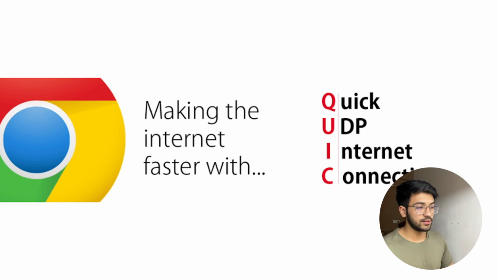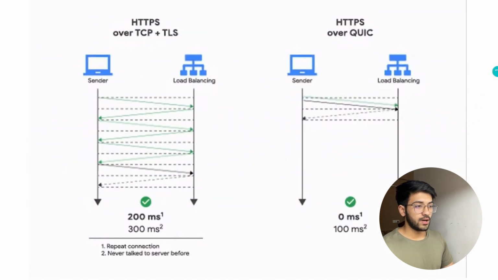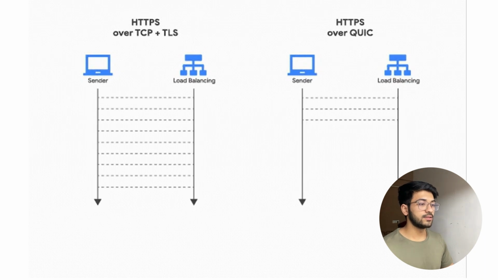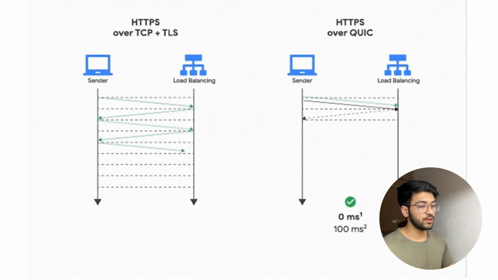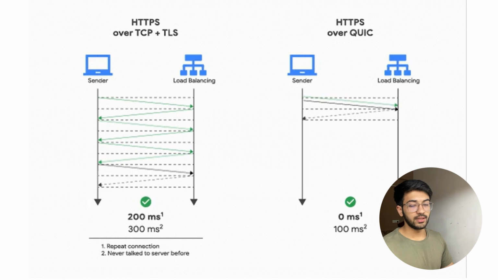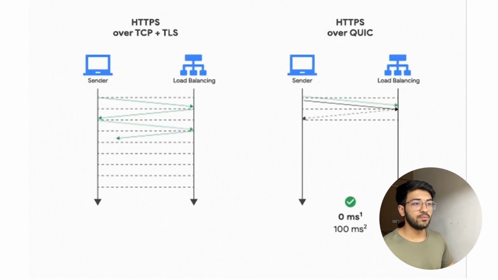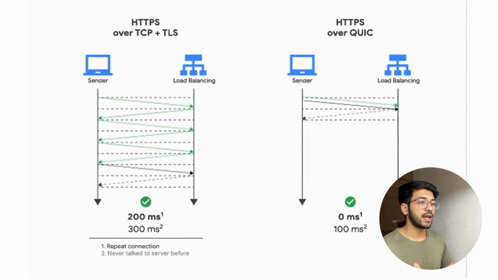You can see in this GIF the difference between HTTPS over TCP plus TLS and HTTPS over QUIC. You can clearly see the difference in round trip time. So QUIC significantly reduces round trip time, which offers a faster and more responsive user experience.